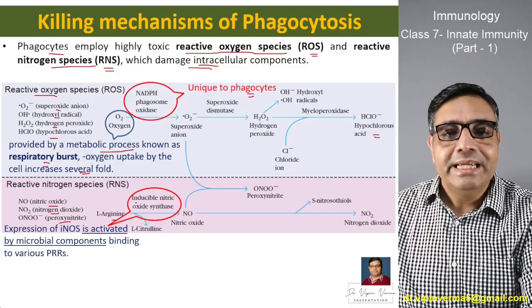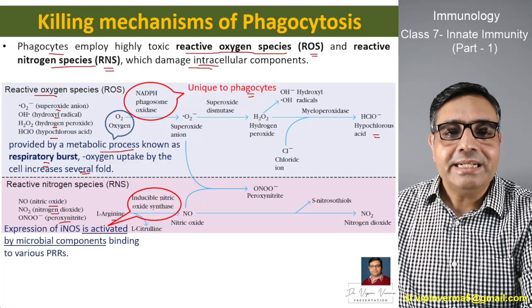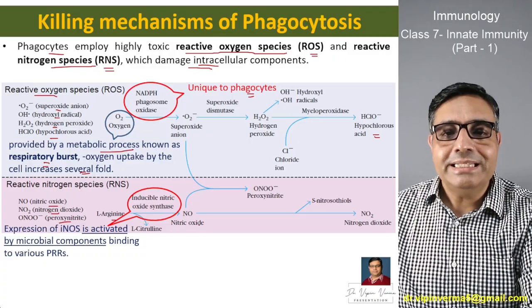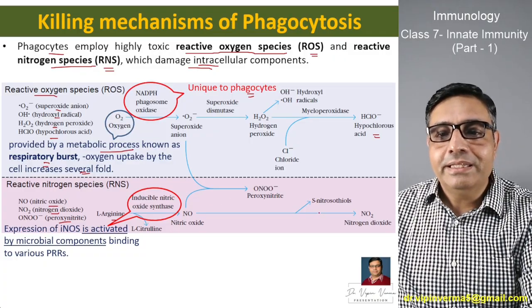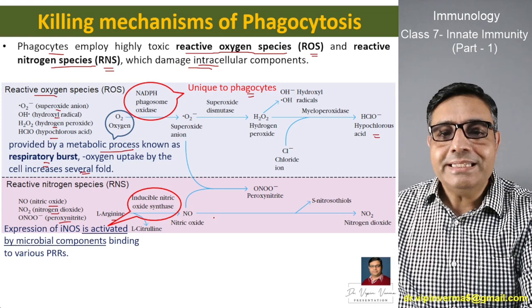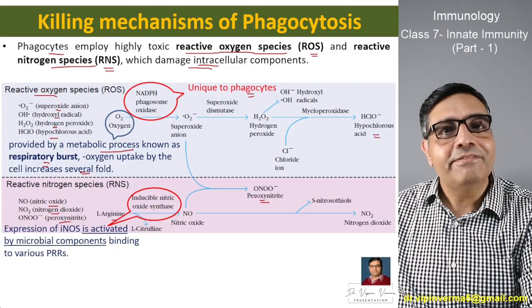So once this inducible nitric oxide synthase gets activated, it converts L-arginine to nitric oxide with the expulsion of L-citrulline. And this nitric oxide forms nitrogen dioxide, and this nitric oxide also with superoxide anion produces peroxynitrite, another reactive nitrogen species.